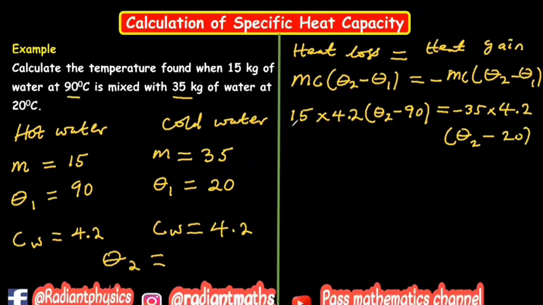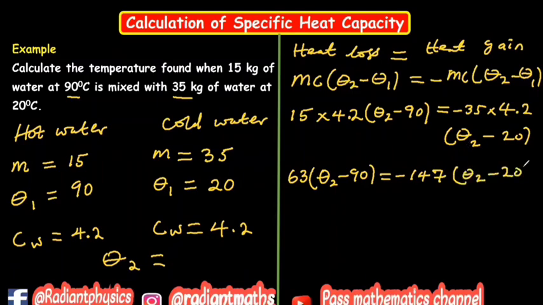When we multiply 15 by 4.2, we have 63, bracket this minus 90, equal to minus 35 times 4.2, which is 147, then bracket this minus 20.